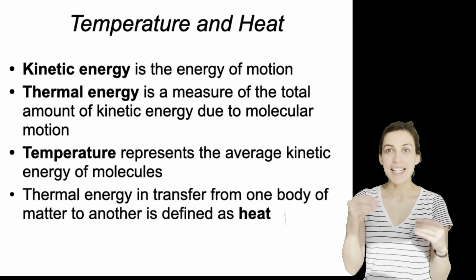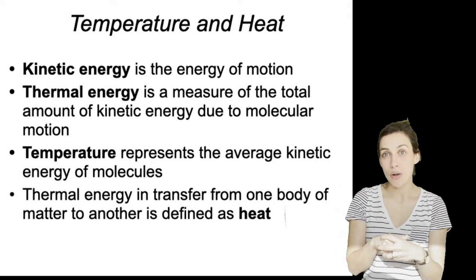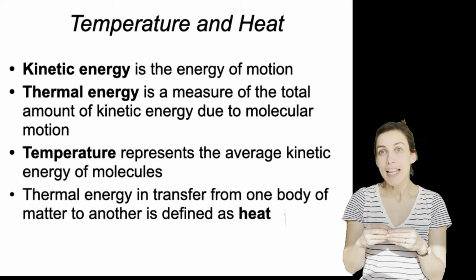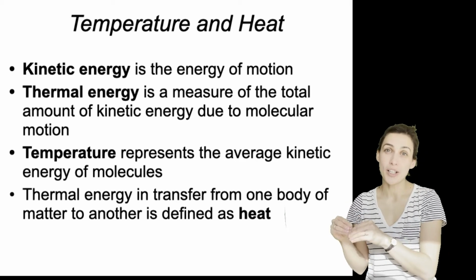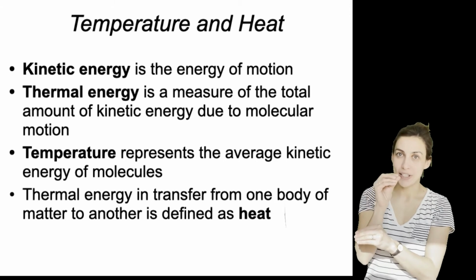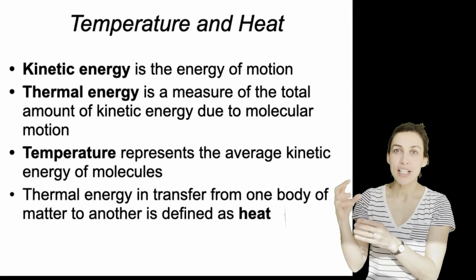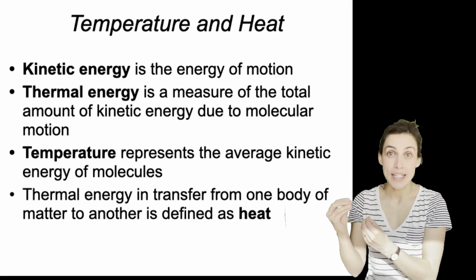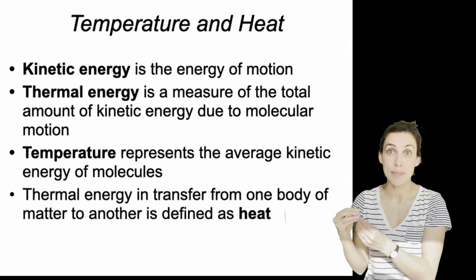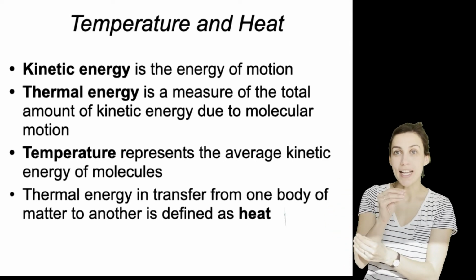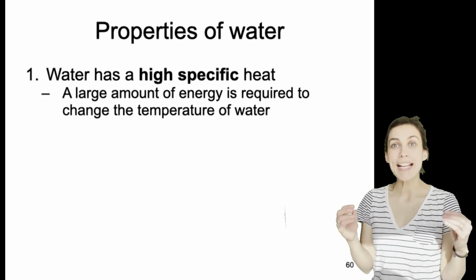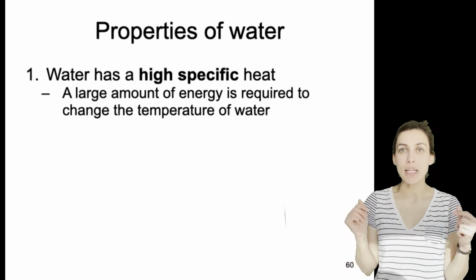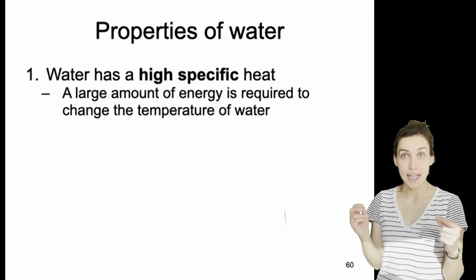So when you put ice in water to cool it down, what's actually happening is that thermal energy is moving from the liquid water to the ice to melt it. And because the water is losing some of its kinetic energy, it's being used up to melt the ice, it's becoming cooler.